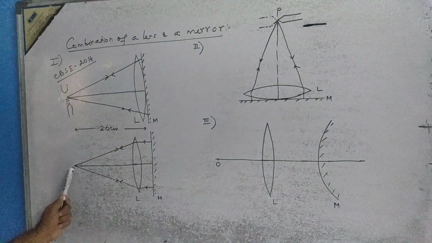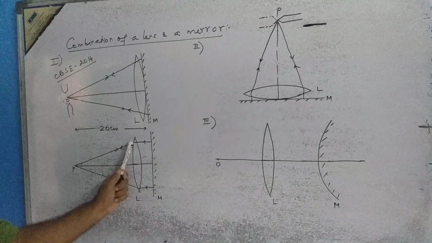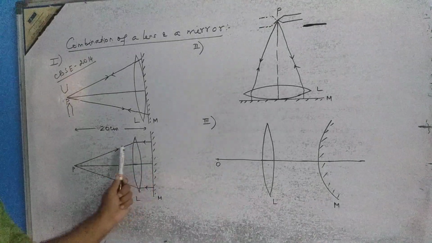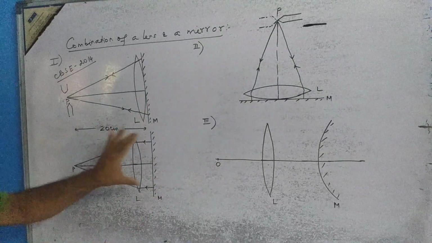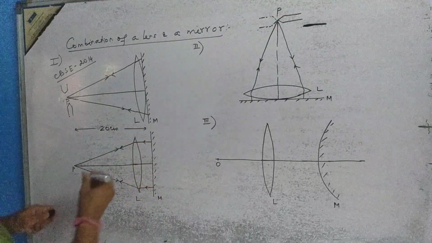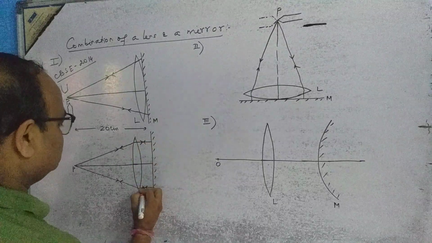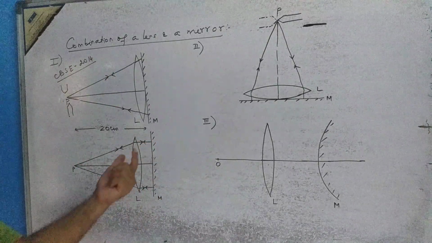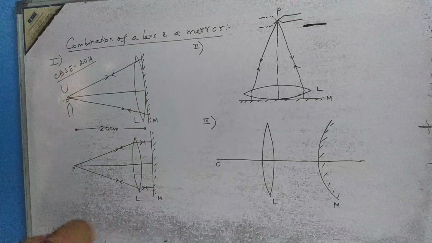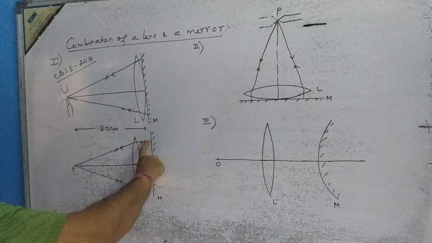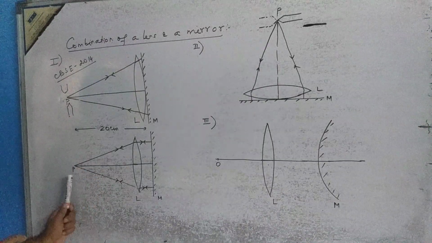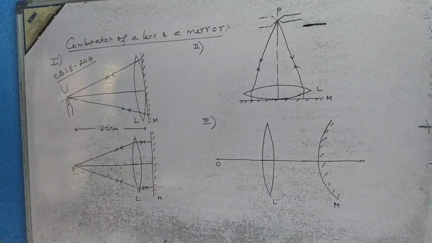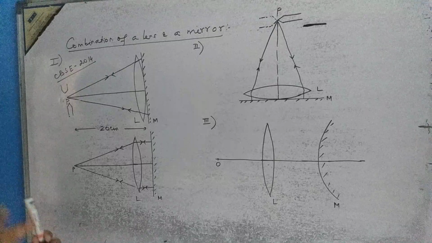Then what happens? This will go like this. After that it will go parallel like this, parallel rays falling on the lens. First it will fall on this, and then it will retrace. After retracing, these are parallel rays, so definitely they will be focused here. P must be the focus.